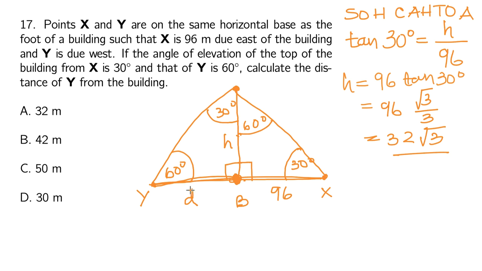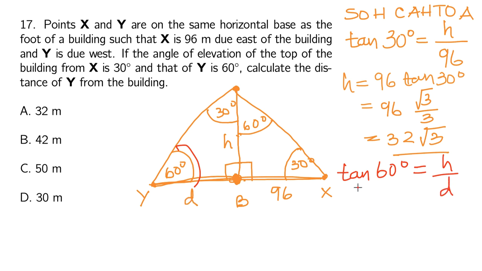And we can use that H to find D, because we also know that the tangent of 60 degrees, using this one, is equal to the opposite, which is H, over D. And D is what we want.